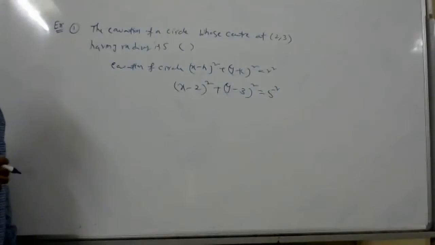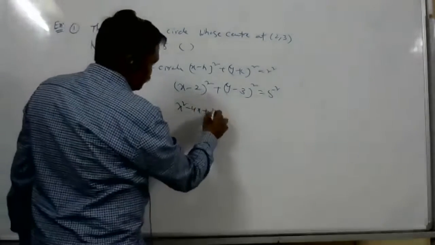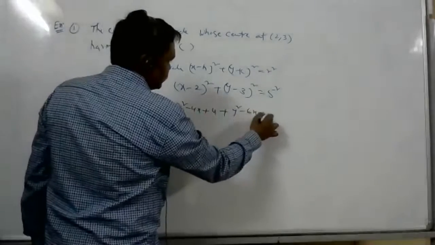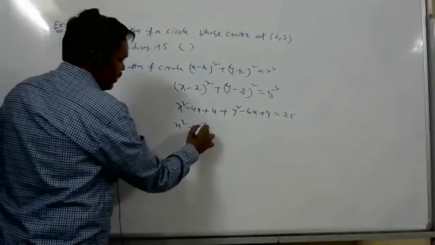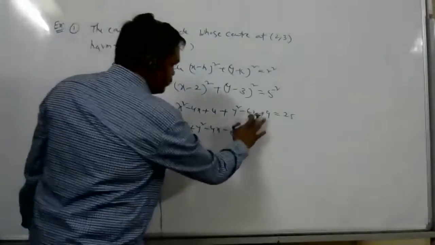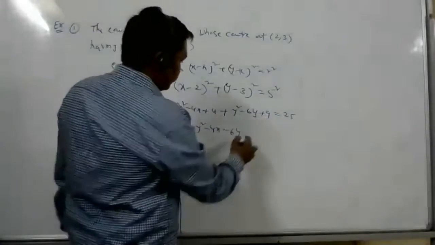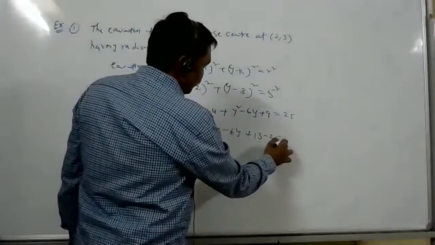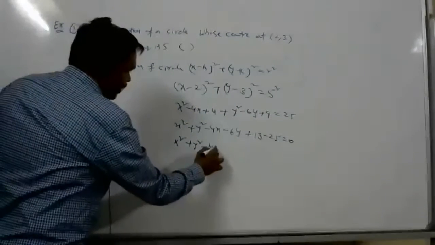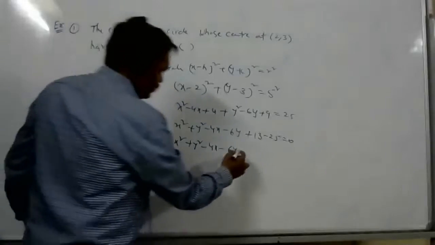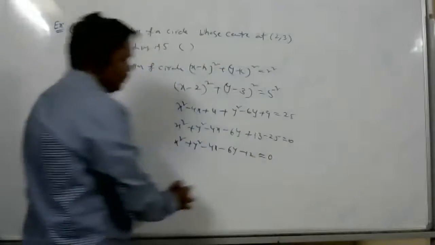Now open: x square minus 4x plus 4 plus y square minus 6y plus 9 is equal to 25. x square plus y square minus 4x minus 6y plus 13 minus 25 is equal to 0. x square plus y square minus 4x minus 6y minus 12 is equal to 0.